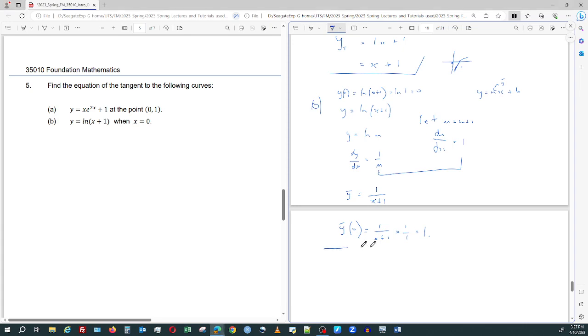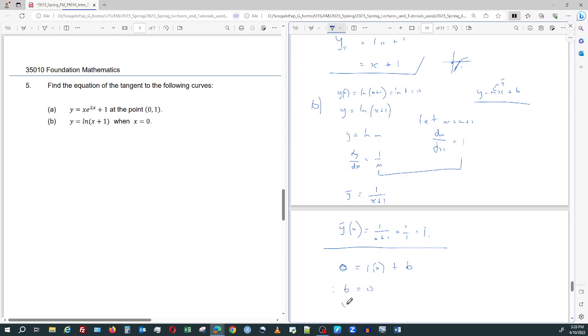0, 0. So when we come to do our y equation, we're putting in 0 is equal to 1 times 0. I know it seems bizarre, but that's what you have to do. Plus b. So this is telling us that the intercept b is equal to 0.